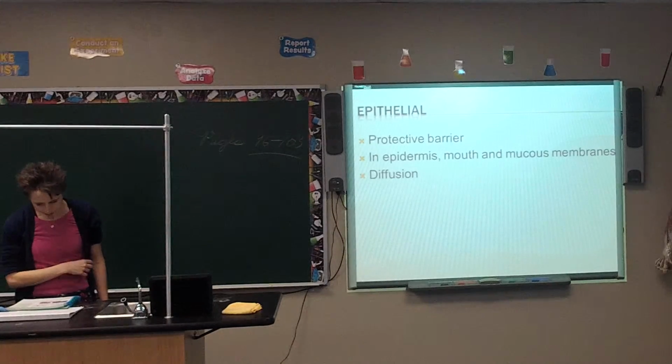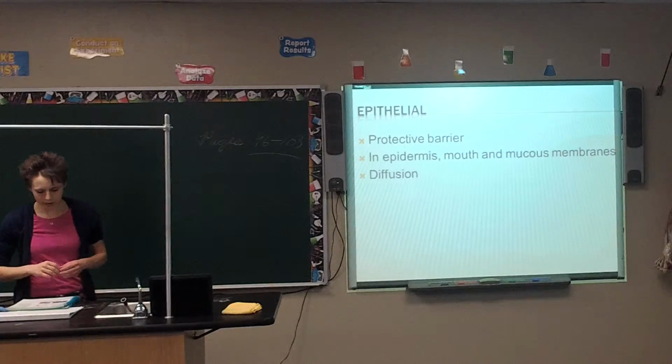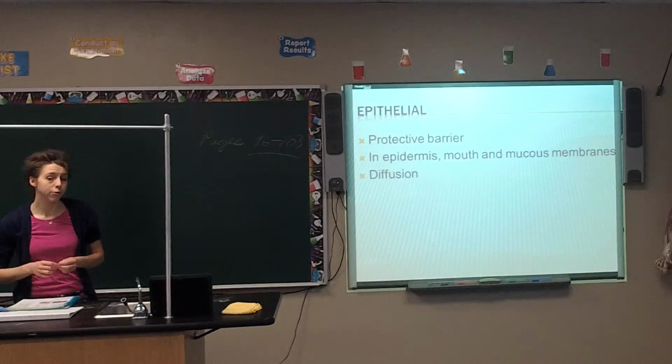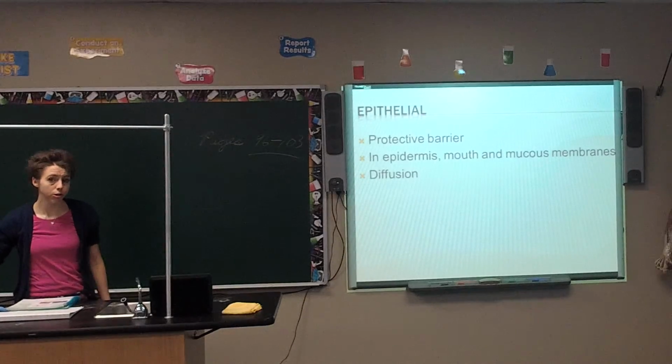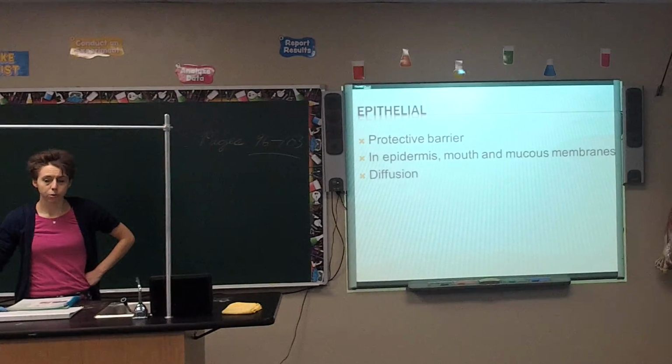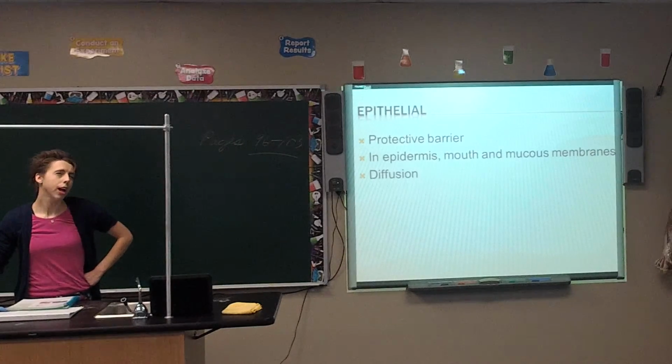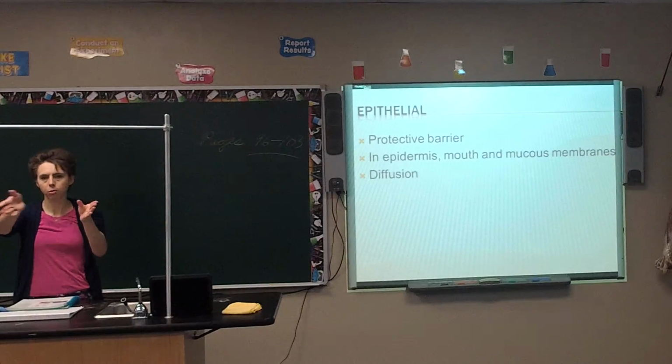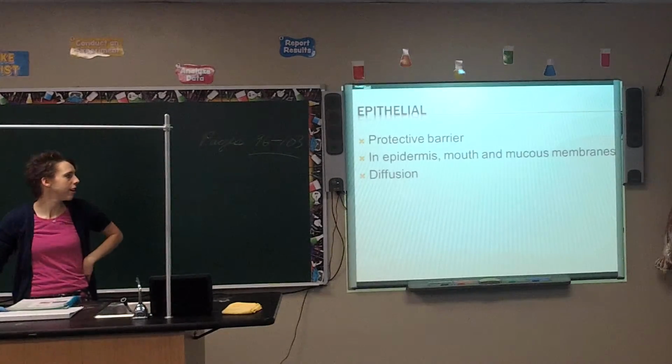Alright, so epithelial, just make a note for that tissue. Typically it doesn't have blood vessels. Its cells have to receive their nutrients by diffusion. You should remember what diffusion is. What's diffusion? Right, diffusion is the absorption of molecules. We've talked about this with osmosis more, but this is whenever gases are absorbed from one area into the other.